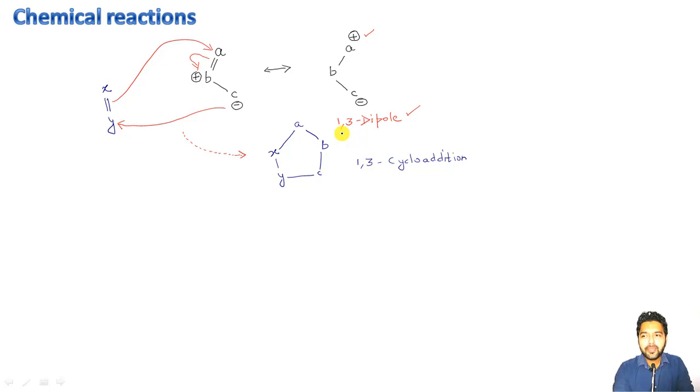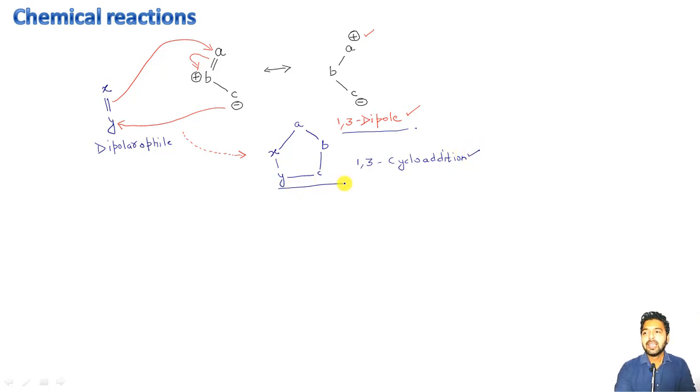On one side we have a 1,3 dipole, on the other side a dipolarophile molecule, giving a 1,3 cycloaddition, or this type of cyclic adduct.